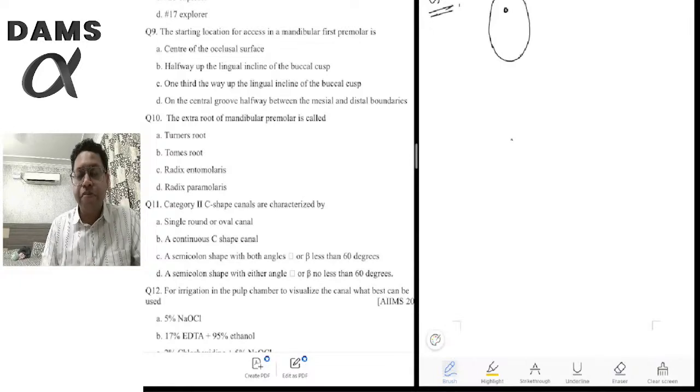This would be the tip of the buccal cusp, tip of the lingual cusp, and the central groove. If we measure the distance, this is the lingual incline of the buccal cusp. If we see the tooth from the side, it would be something like this.